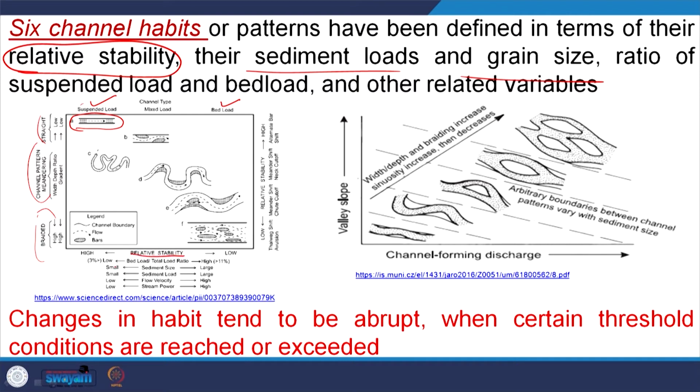Relative stability in a straight channel is high. That means straight channels are highly stable, and on this side are braided channels. Braided channels have low relative stability, so they are less stable compared to straight channels.